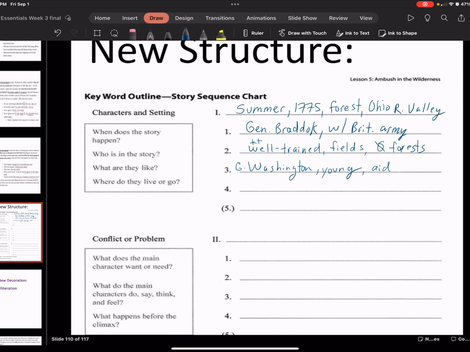What about him? What is told to us about George Washington? He knew about the forests of America, and he was experienced in the French and Indian War tactics.